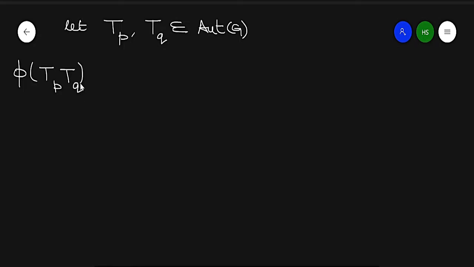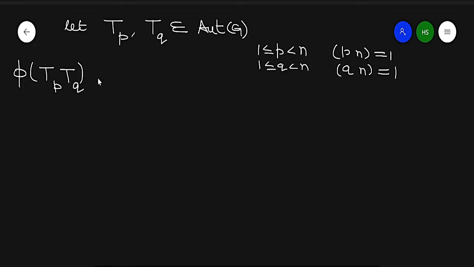The conditions are the same: 1 less than or equal to P less than n, similarly 1 less than or equal to Q less than n, GCD of P and n is equal to 1 and GCD of Q and n is equal to 1.